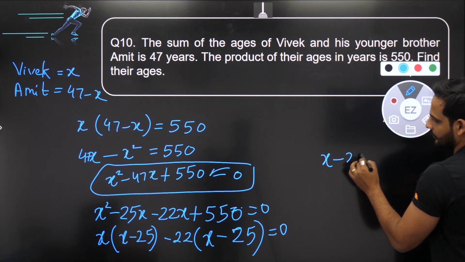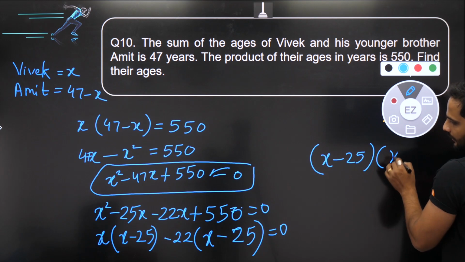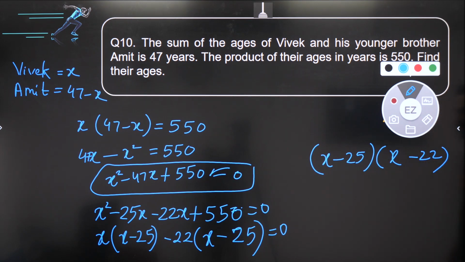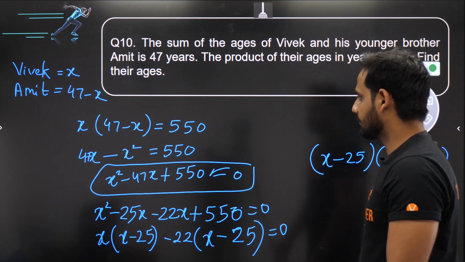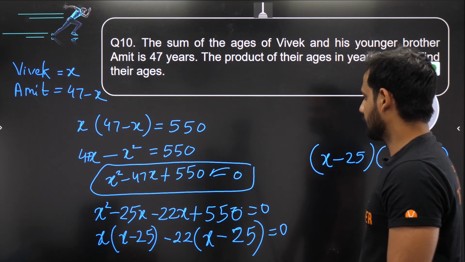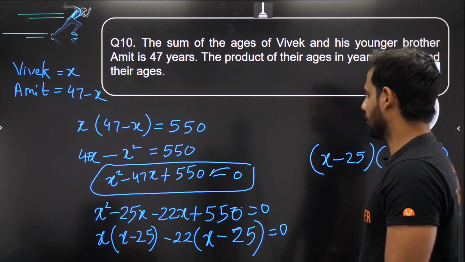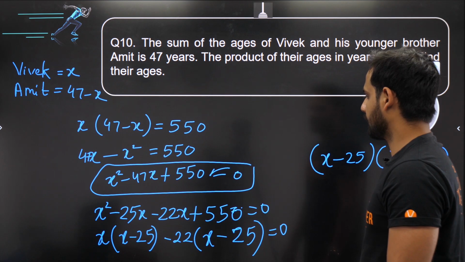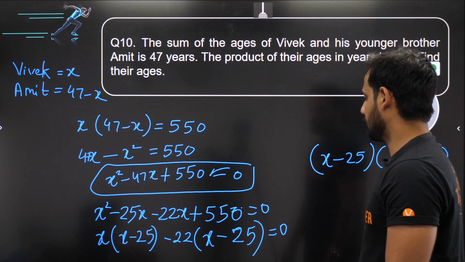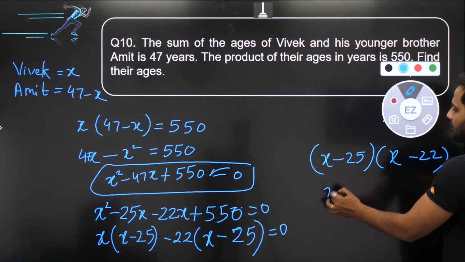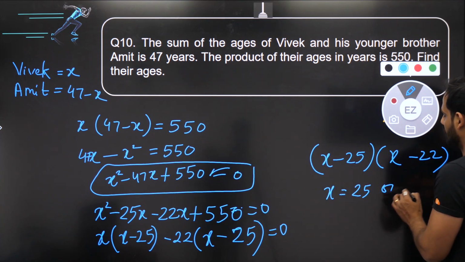You have got (x minus 25) into (x minus 22). So from here we have got x is either equal to 25 or 22.